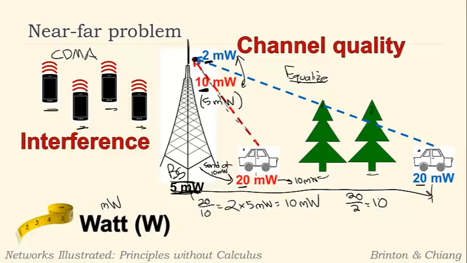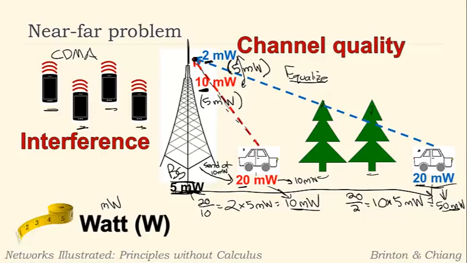So they take this factor of 10 reduction and say, well, transmit at 10 times whatever I want to receive, or 5 milliwatts. So it's going to say, okay, transmit at 50 milliwatts. So while this transmitter's power goes down, this one's transmit power goes up to 50 milliwatts. And the hope is that if it sends at 50 milliwatts, then by the time it gets down here, this will be at 5 milliwatts as desired.